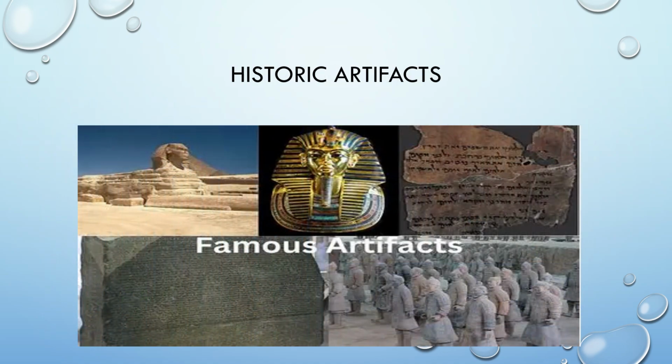We have historical artifacts, discoveries related to the past time, done by anthropologists, by historians, in order to discover, to find out new discoveries, new evidence for the life of the past people. We are going to call them primary sources. Okay.